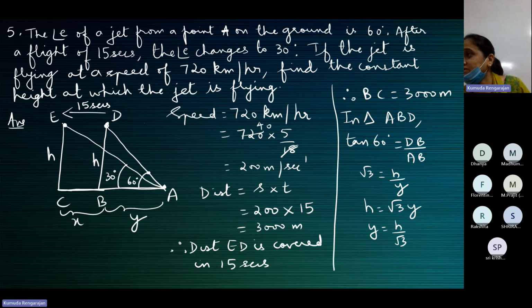The height of the jet is 1,500. Yours? Same, but she said 1,000 root 3. Tell me in root 3. I have it in root 3 also. 1,500 root 3. Correct. You can come here with your book, I can tell you.